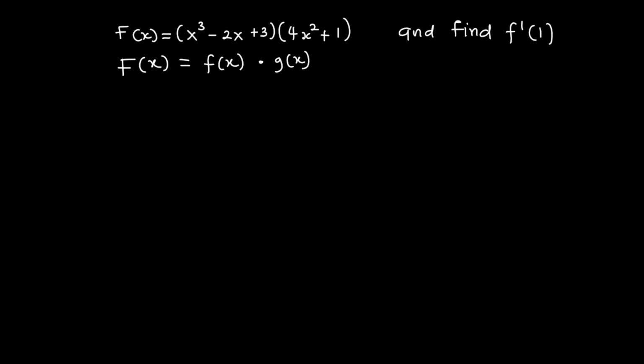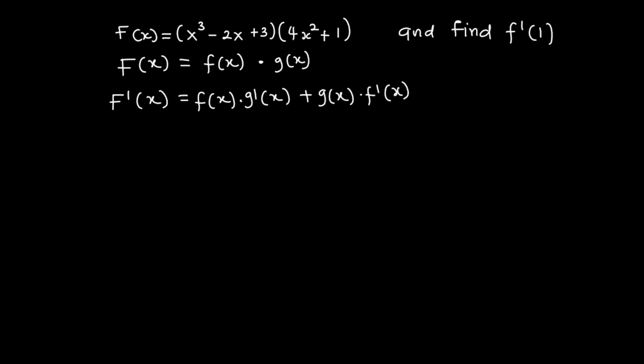In such a situation, if we are to find the derivative of capital F of x, that's going to be F prime of x. First, I'll keep f of x, then I'll differentiate g of x. So that will be f of x multiplying g prime of x, plus, then I'll keep g of x and differentiate f of x, so you will have g of x multiplying f prime of x.